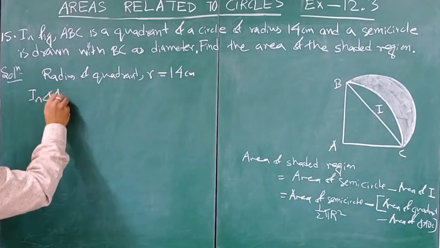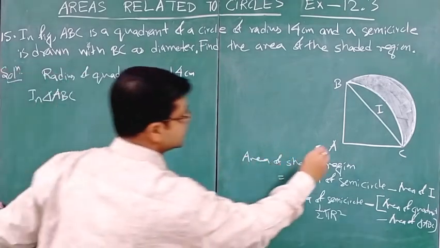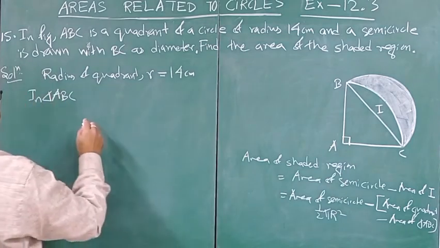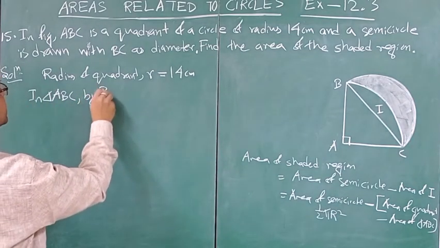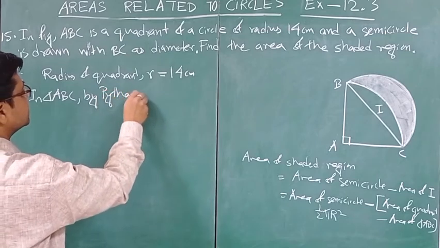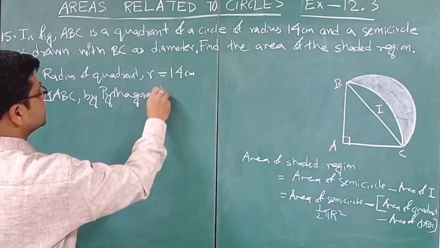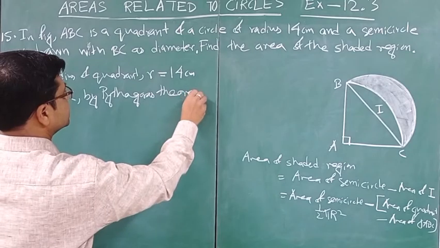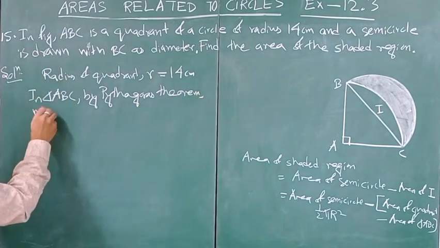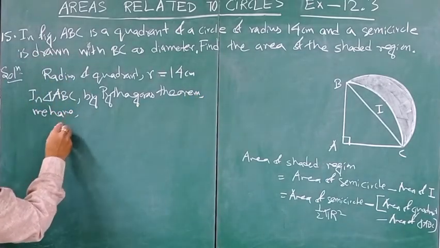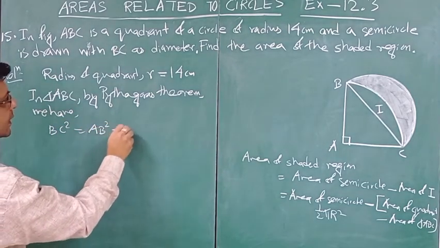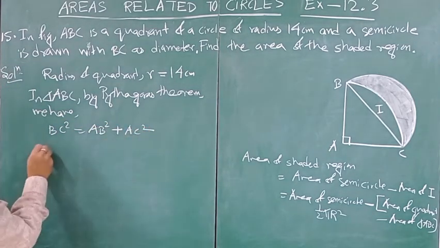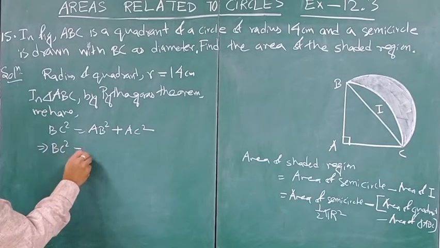In triangle ABC, this is right angle as it is given, it is a quadrant. In triangle ABC, by Pythagoras theorem, we have, that is BC square is AB square plus AC square.